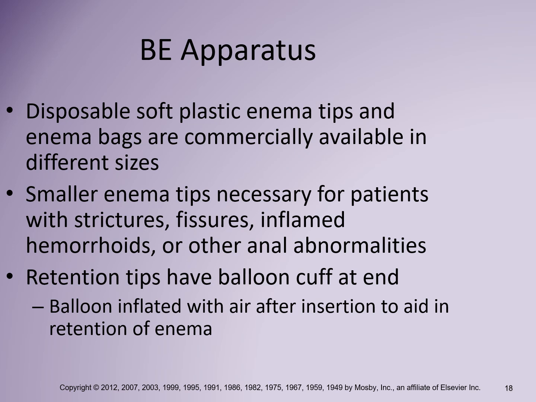The barium enema comes in a single contrast form and then also a double contrast form. Okay. If the patient has a stricture, a fissure, inflamed hemorrhoids, or other anal abnormalities, they might not be able to tolerate the full-size tip, the default tip that comes in the kit.